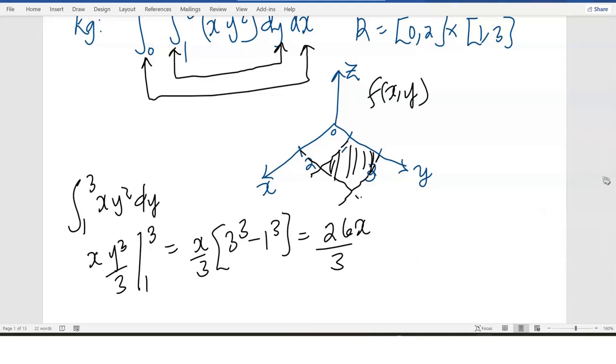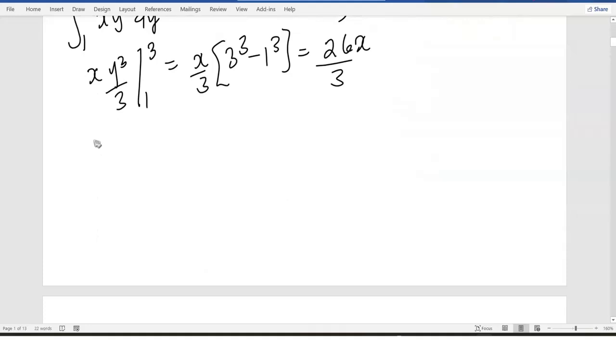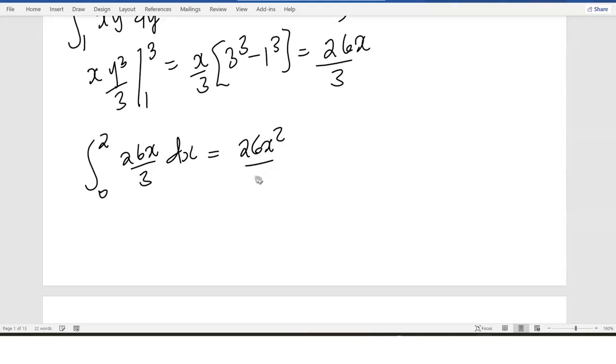Now we are remaining with integrating from 0 to 2 of 26x out of 3 with respect to x. If I integrate this, I'll have 26x squared divided by 6. I evaluate this from 0 to 2, and this gives us 26 out of 6 into 2 squared minus 0 squared.